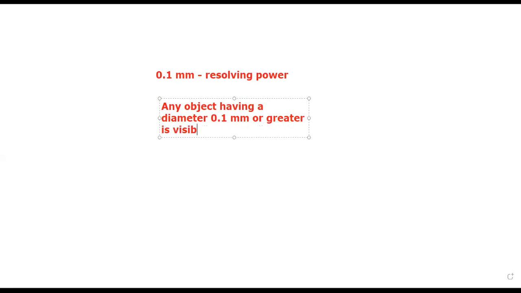The reason is it becomes smaller than your resolving power. So what is our resolving power? 0.1 millimeter. What is the meaning of it? Any object having a diameter of 0.1 millimeter or greater is visible to the human naked eye.